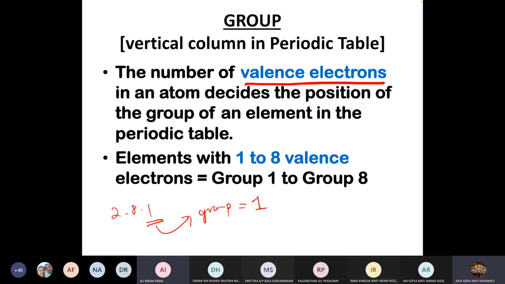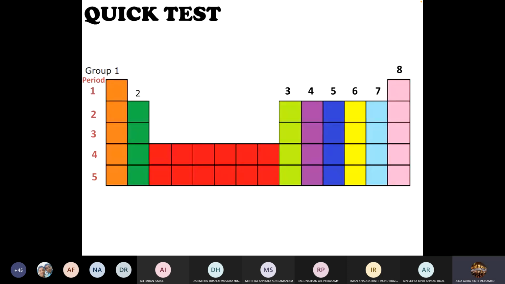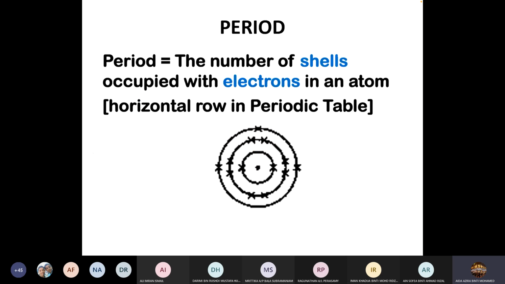It depends. If the valence electrons are 2, then it is in the second group, and so on. Teacher has written elements with 1 to 8 valence electrons, so it goes from group 1 to group 8. Another one is the period. The period shows the number of shells occupied with electrons in an atom.